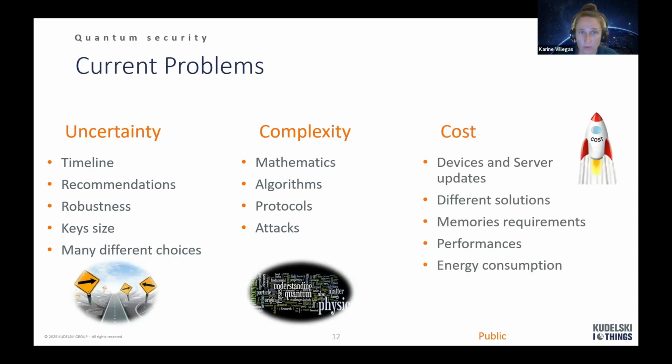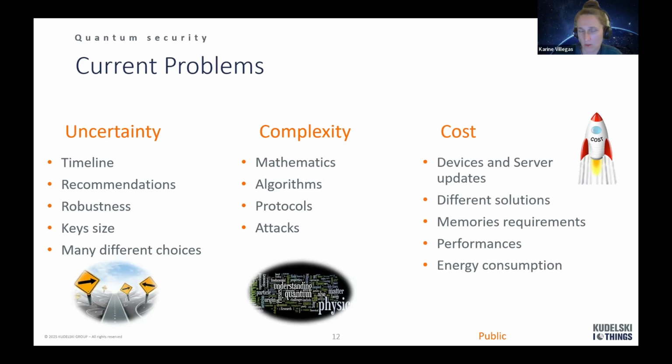And the third problem is the cost, because we have to update devices that are already deployed in the field and that should last maybe 10 more years. We have servers. We have different solutions to handle, because as I have shown before, you have seen that you have some algorithms for one use case, other algorithms for other use cases, and you still need to handle legacy.